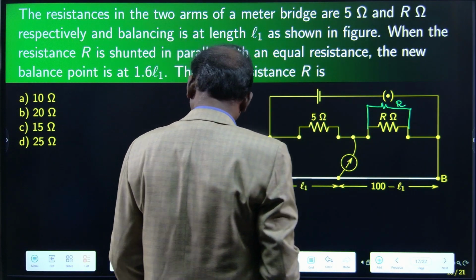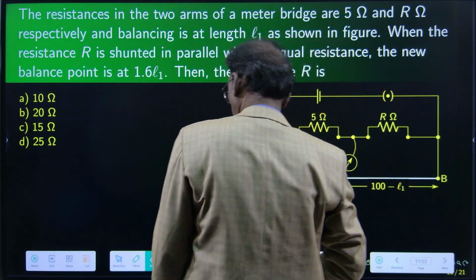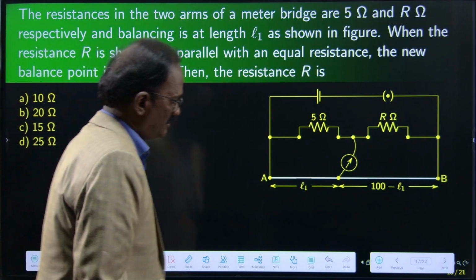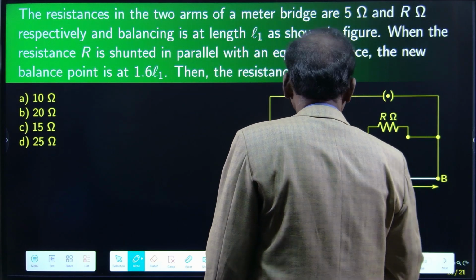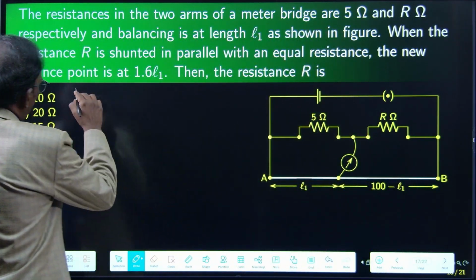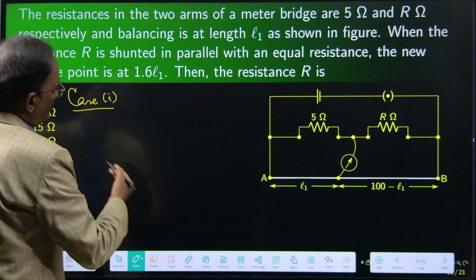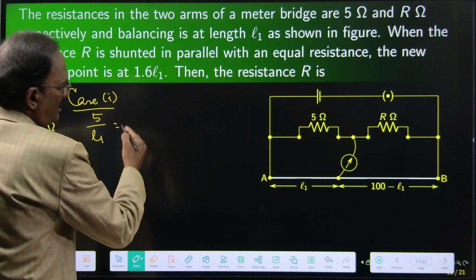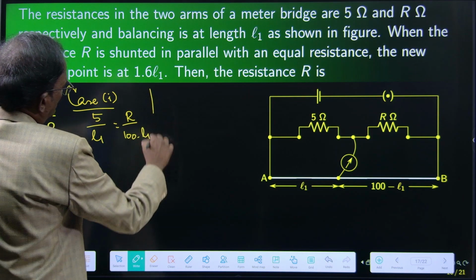Yes. So in condition 1, there is no equivalent value. This is the original case, case 1. 5 divided by L1 is equal to R divided by 100 minus L1.